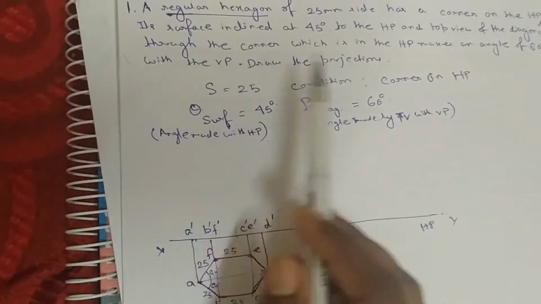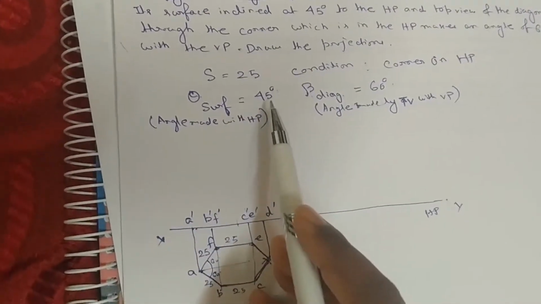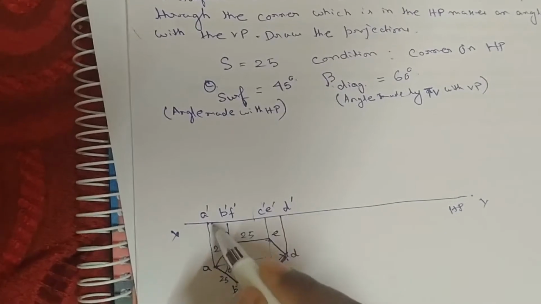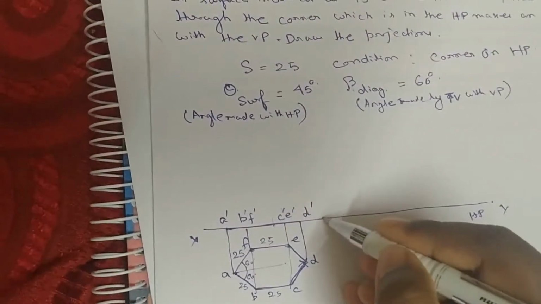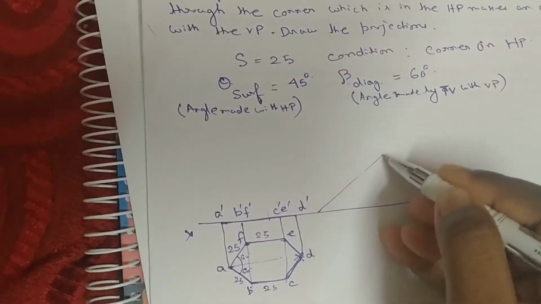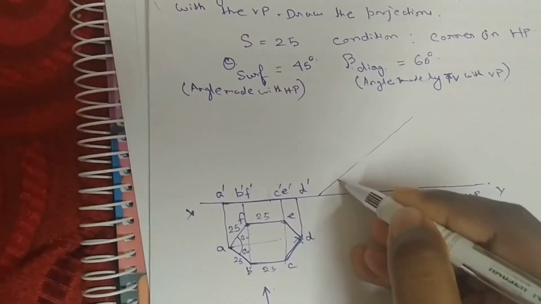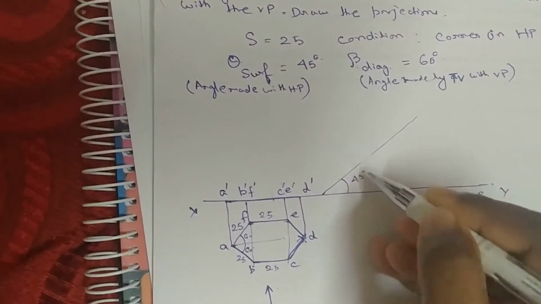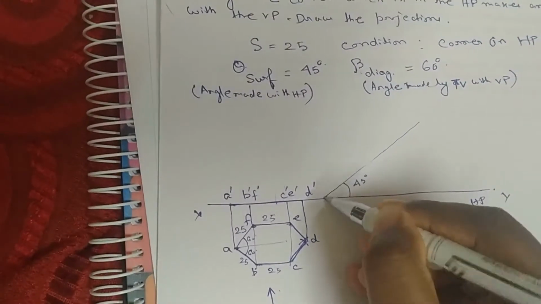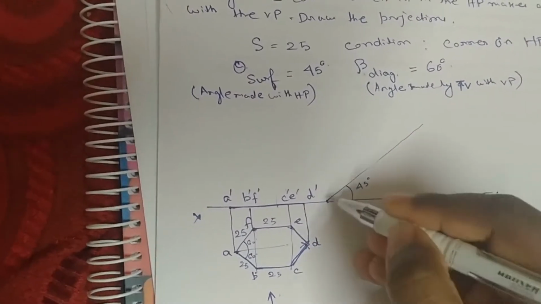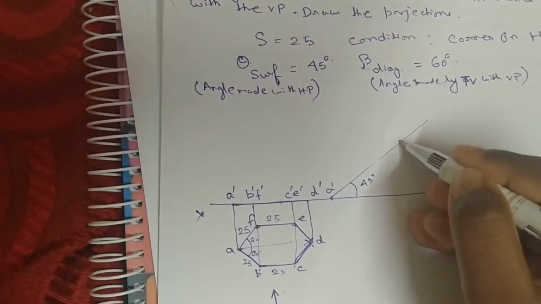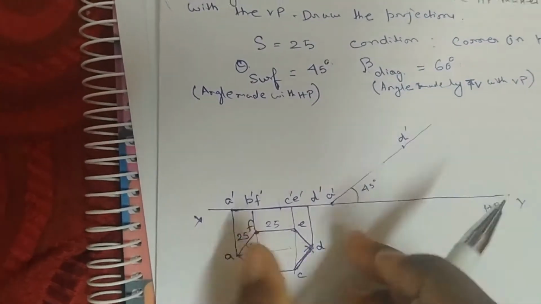Now it is saying the surface will be inclined at 45 degrees. So we are going to recreate this A dash D dash line here at an angle of 45 degrees. A dash and D dash we will cut here.